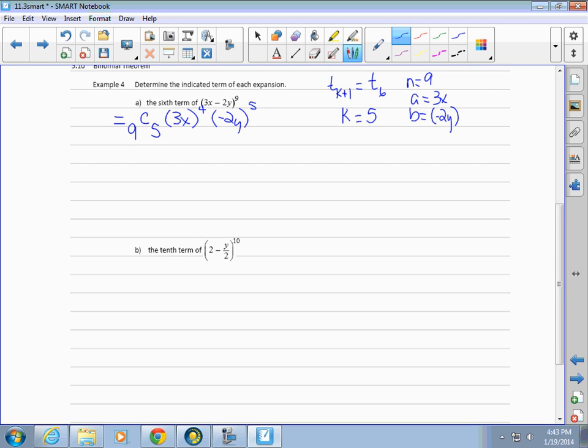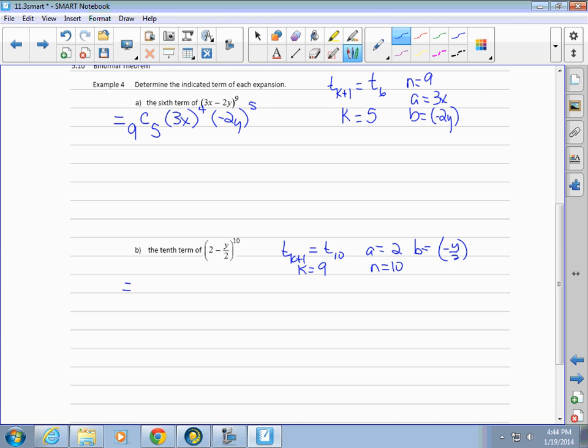Okay, 10th term, I'll just set this one up too, and then you can solve it through. So my t(k+1) is equal to t10, so k is equal to 9, a is equal to 2, b is equal to negative y over 2, and my n is equal to 10.